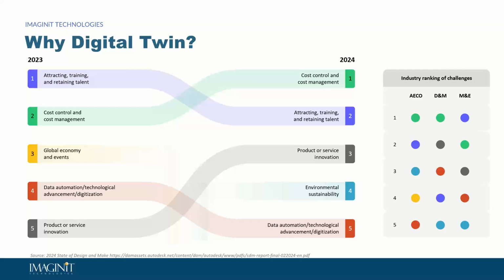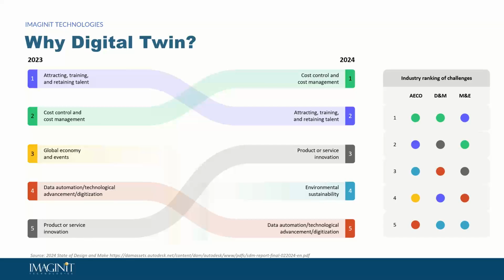For instance, number 3, the global economy and events, that's perhaps a remnant of 2020 and the leftovers of what we were dealing with there, and now we've potentially moved in another direction as far as our challenges and where our concerns are. But two of the things I think are most important, that digital twins can have an impact on, are perhaps cost controls, and data, and then innovation.